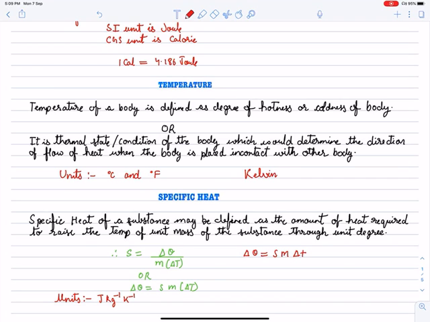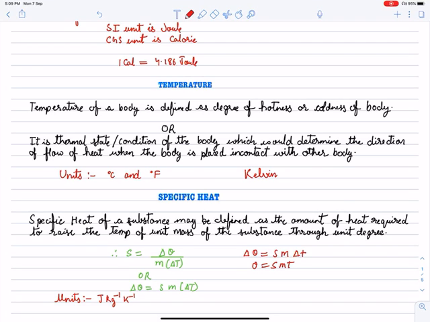At this point of time, you need not worry about what is del. Actually this is beyond your scope. In higher classes, you will learn about what is del, but forget about it here. Read it as Q equals S m T. Simple.